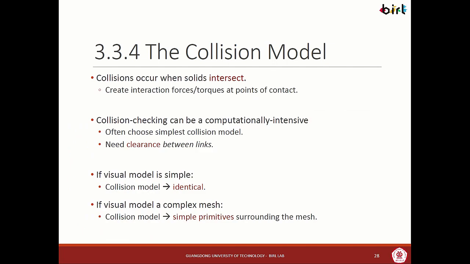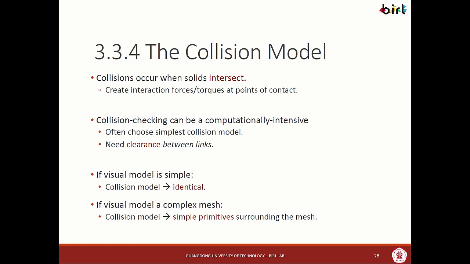When do collisions occur? Collisions occur when solids intersect. So you have maybe a box here and a cylinder here. Imagine that your arm could keep going, keep going, keep going, and then they would touch here, right? There would be some kind of intersection. When there's an intersection, they collide. Let's say you have a cylinder here and a cylinder here.